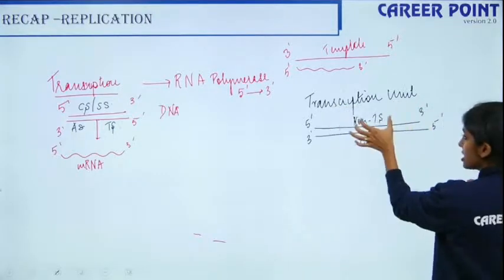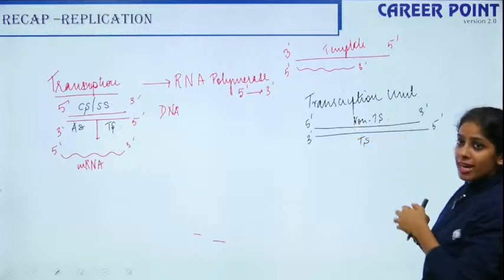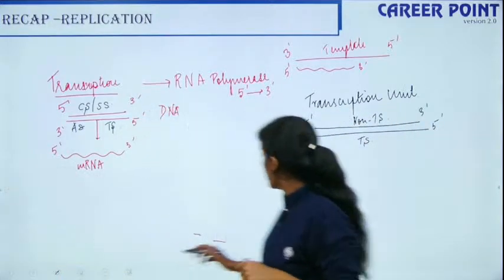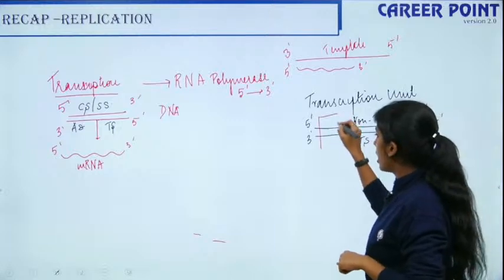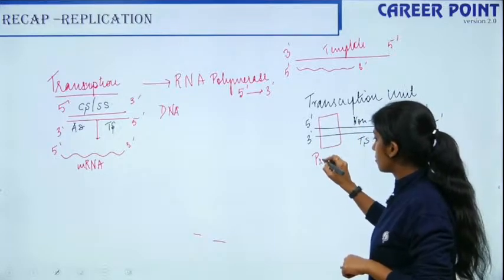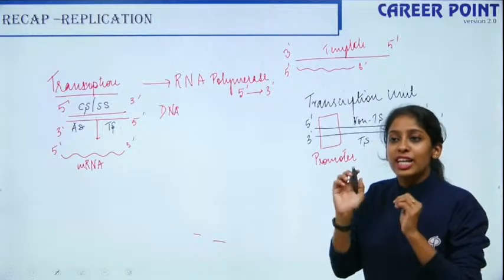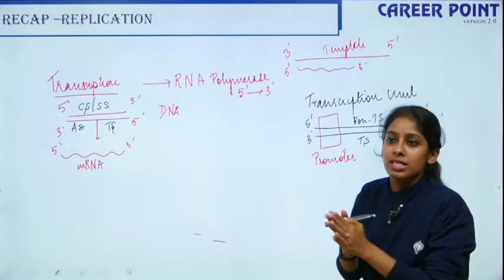Okay, so this is my non-template and this is my template. So here in the transcription unit, I have a promoter. Promoter is the one that initiates the process of transcription.